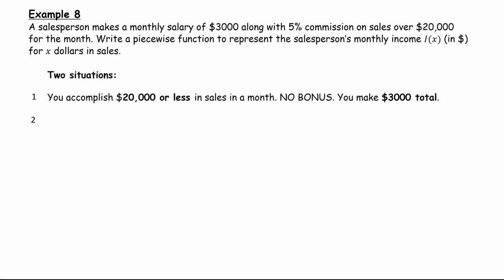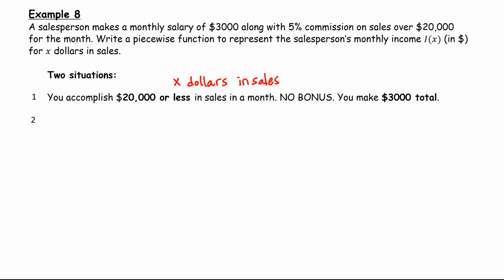You accomplish $20,000 or less in sales in a month, and we'll call that amount x dollars in sales for you. And that is less than or equal to 20,000. So you don't sell over $20,000 worth of merchandise. If that happens, if your x dollars in sales is less than or equal to 20,000, you don't get a bonus, you just get 3,000 total.